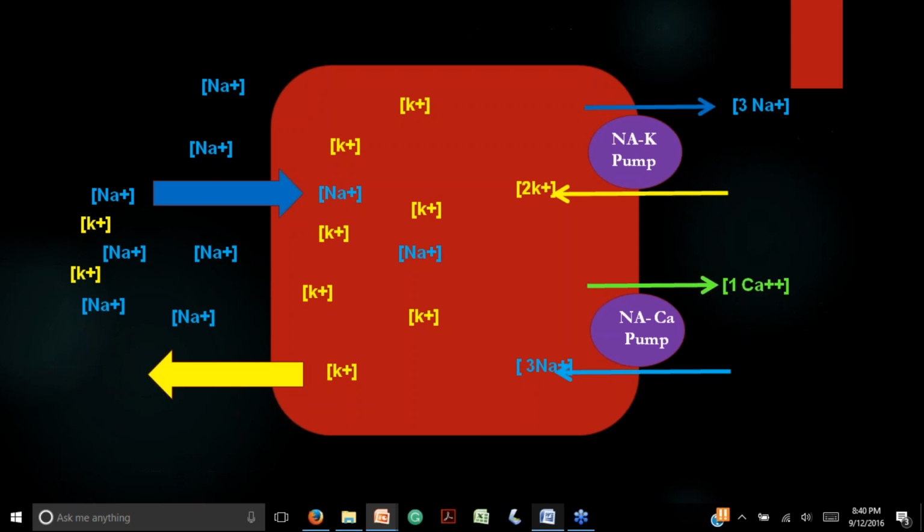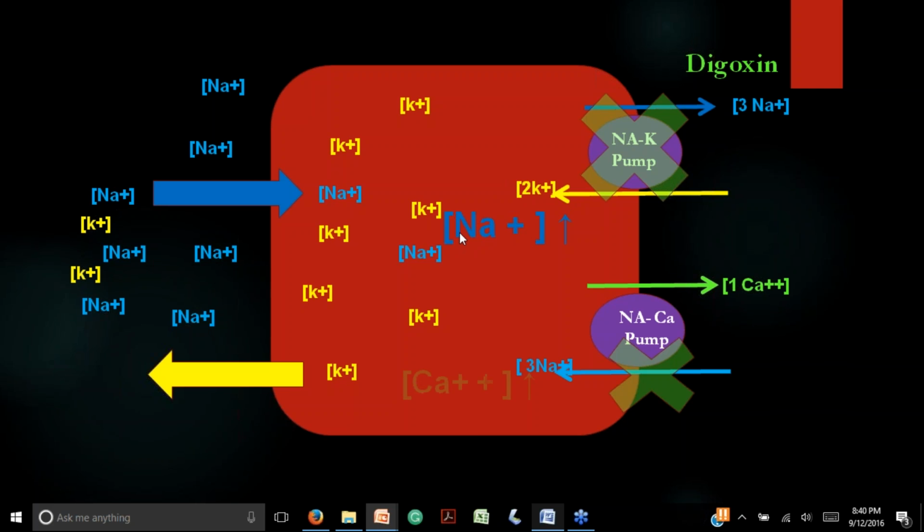So what happens if we have, for example, digoxin or lanoxin? First of all, digoxin blocks the sodium-potassium pump. Doing that, the sodium is not coming out of the cell, so the concentration of sodium is going to increase in the intracellular space.